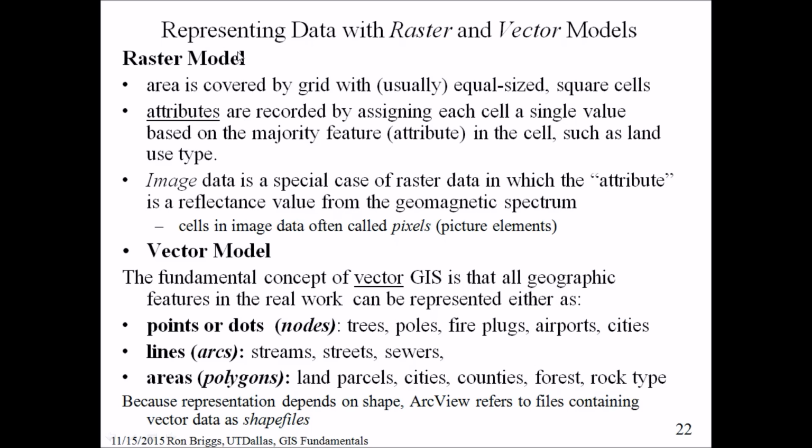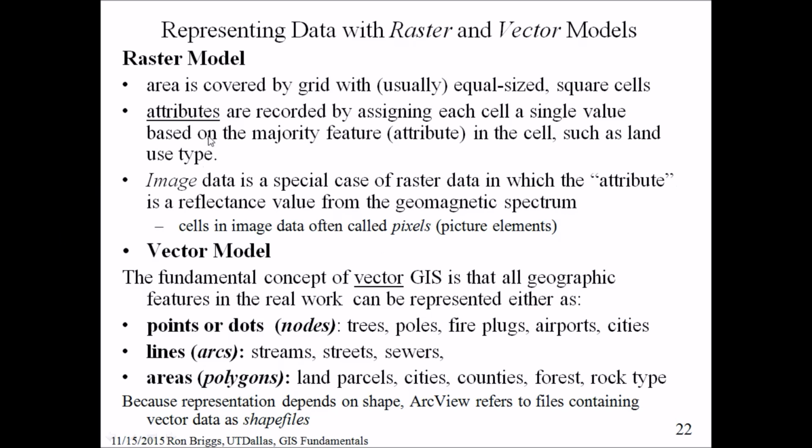And then how to represent this raster and vector data? There is a raster model, there is a vector model. In the raster model, the area is covered by a grid of equally sized square cells, and the attributes are recorded by assigning each cell a single value based on the majority feature in the cell, such as land use type.